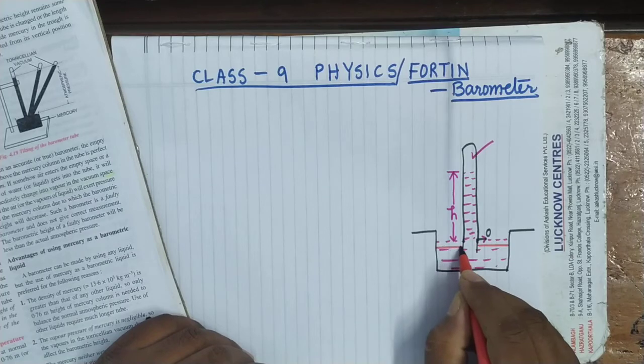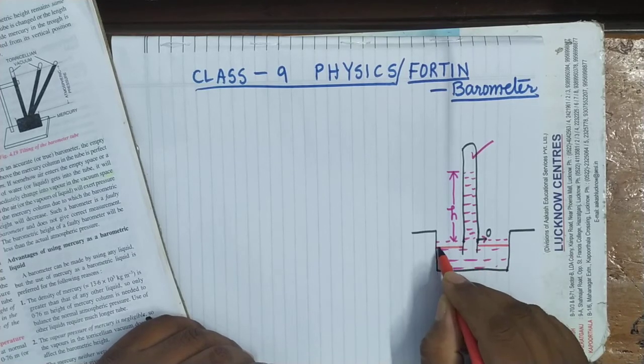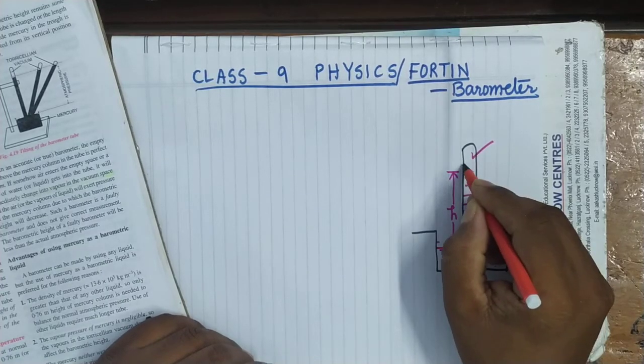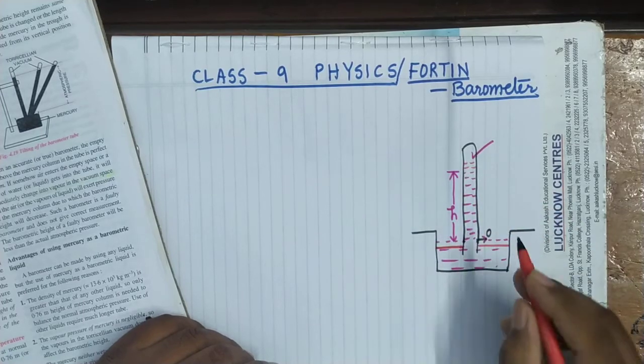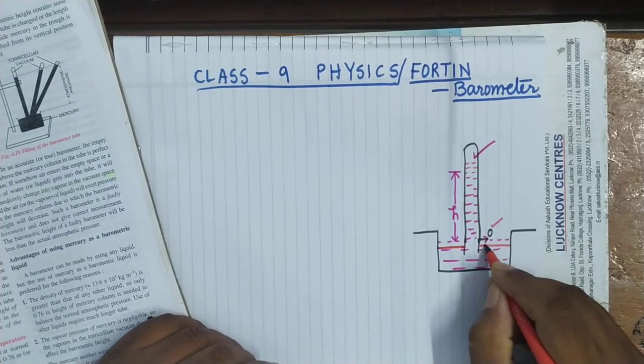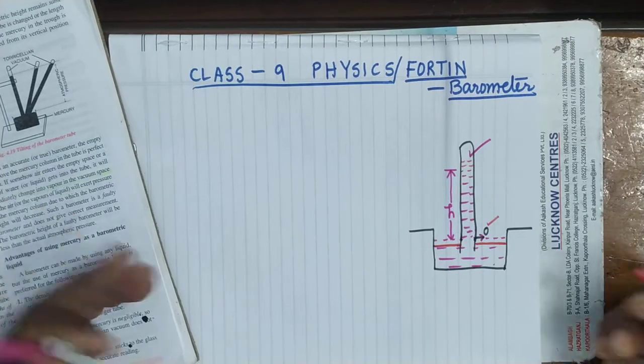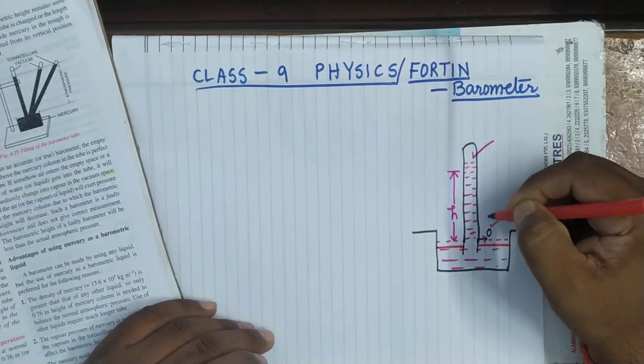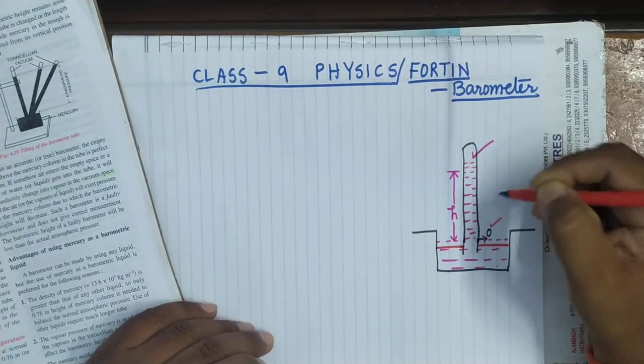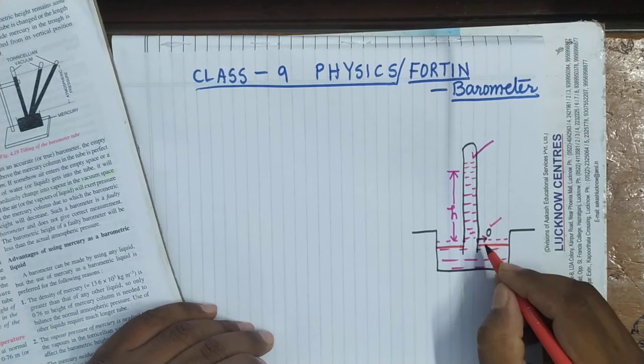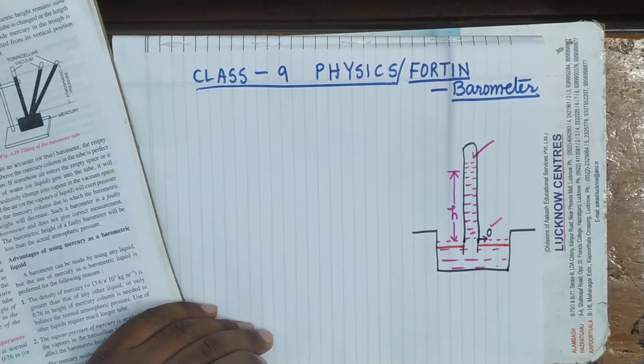It will come down. Free surface of mercury will be this, while here the mercury level will rise. Now zero is this and the free surface is below that. What will happen? Once again you have to immerse the tube inside so that this zero mark coincides with the new level of mercury in the trough.